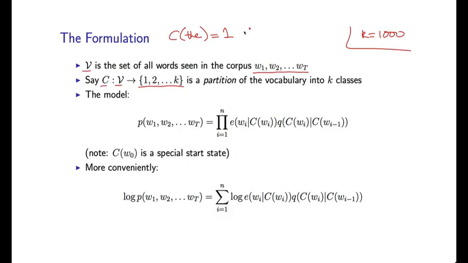We might assign the word the to 1, a to 1, and then maybe Monday to 2, said to 3, and so on. So this function is going to map each word to an integer between 1 and 1,000, say, basically defining a mapping from words into the underlying classes.